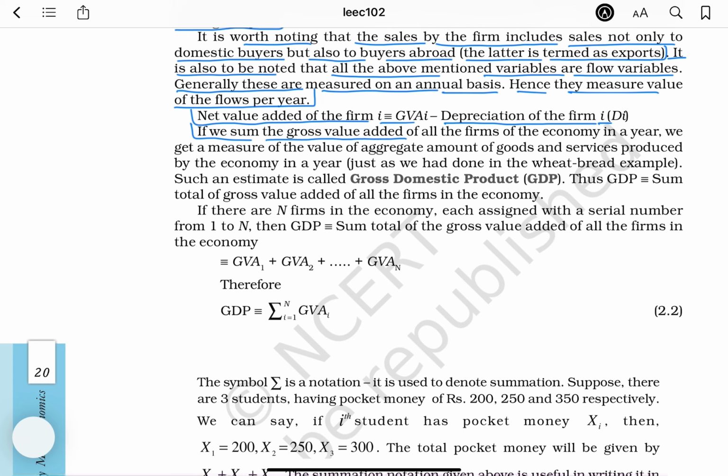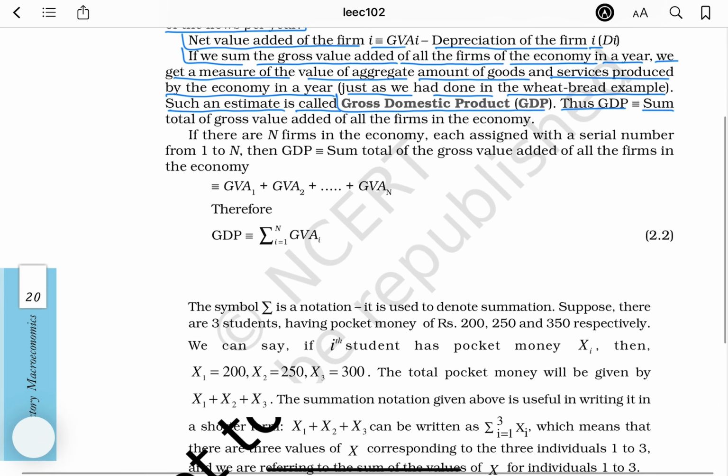If we sum the gross value added of all the firms of the economy in a year, we get a measure of the value of aggregate amount of goods and services produced by the economy in a year, just as we had done in the wheat bread example. Such an estimate is called gross domestic product (GDP). Thus, GDP equals sum total of gross value added of all the firms in the economy.